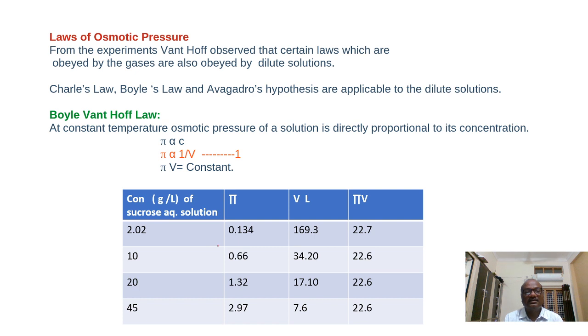When 10 grams of sucrose is present in 1 liter, the osmotic pressure is 0.66, it is increasing, and the volume is now 34.20, and pi V is 22.6. Like that the product remains constant: 22.7, 22.6, 22.6, 22.6. So the product of pi and V is constant at constant temperature. This we call the Boyle's Van 't Hoff law. According to it, pi is inversely proportional to V, or pi V is equal to constant.